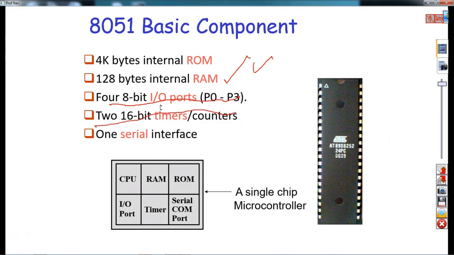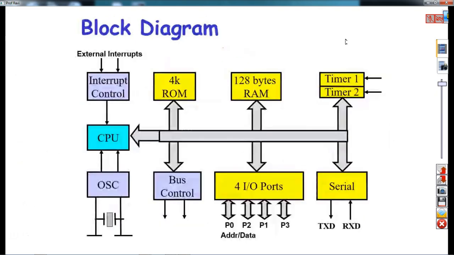This facility is there with 8051. 89 means Atmel, or otherwise 8051 is Intel. So on chip you have timers, RAM, ROM, and ports. This is how your microcontroller is.